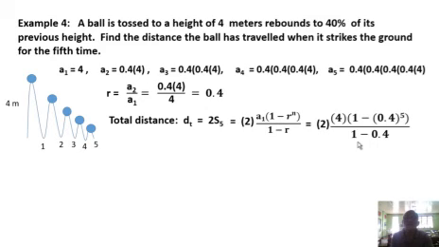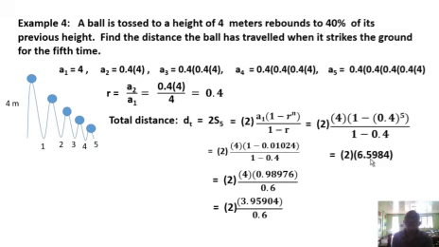Simplify. 0.4 to the 5th is 0.01024. 1 minus that, simplify this quantity. It is equal to 0.98976. Multiply it with 4. It's equal to 3.95904. Divided by 0.6 is equal to 6.